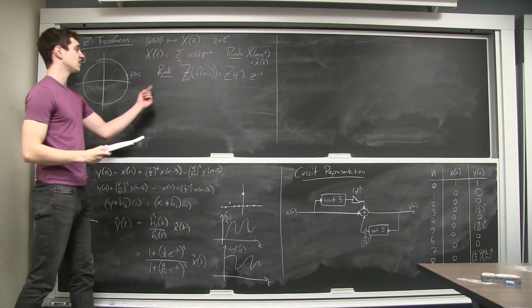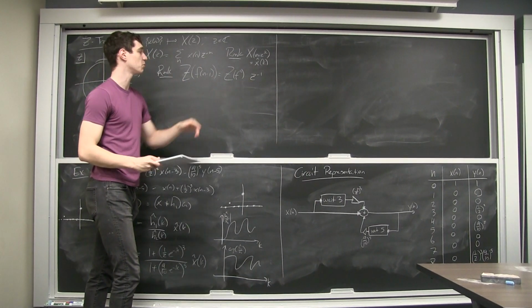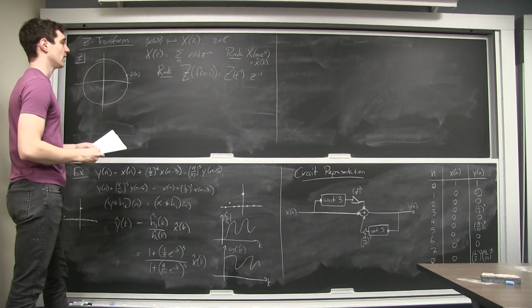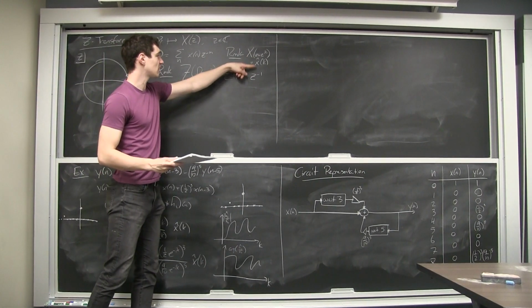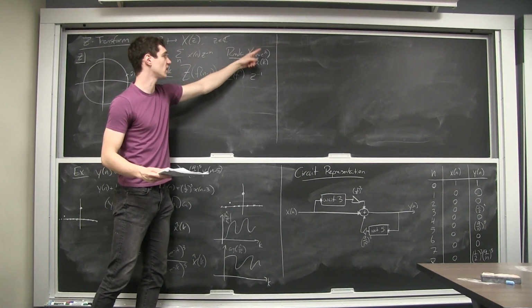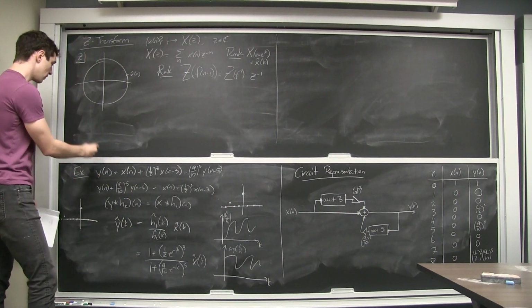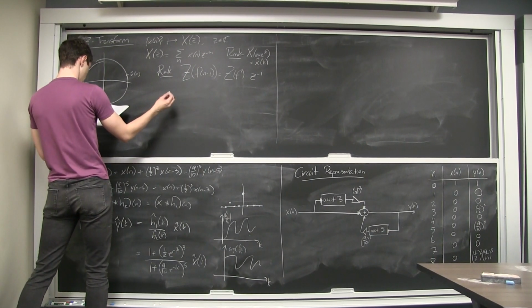So now instead of sending delays to phases, we send delays to polynomials. And this, of course, is exactly what you'd expect. If you have Z inverse here, on the Fourier side, this would mean getting a phase.